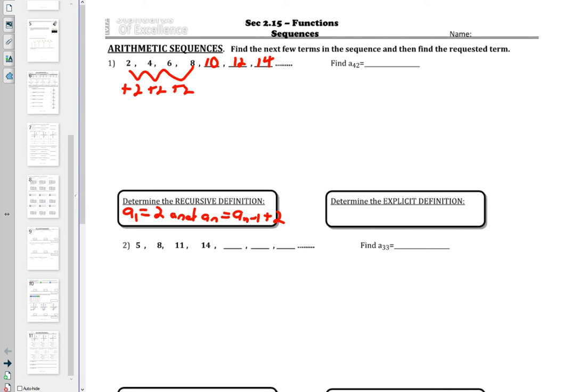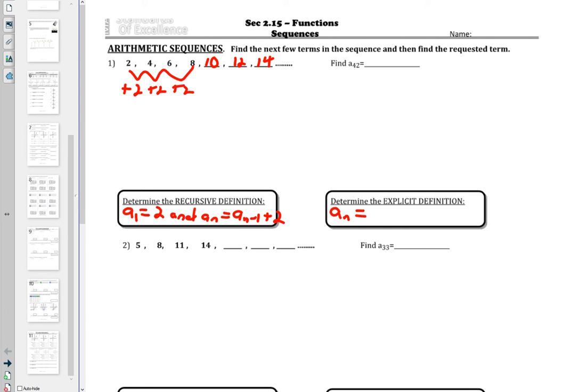So let's see if we can write our own explicit definition. And this goes back to the first 9 weeks. There's a word that can be used to describe the explicit definition of an arithmetic sequence.